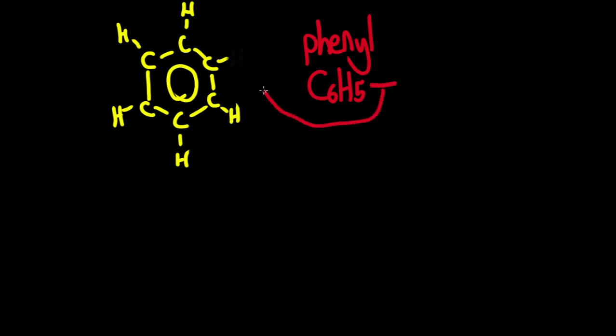If I were to remove a hydrogen from this, now I am going to have what's called phenyl. And my formula for that is going to be C6H5 with a dash. And that dash, like the other ones, corresponds to that open bond.